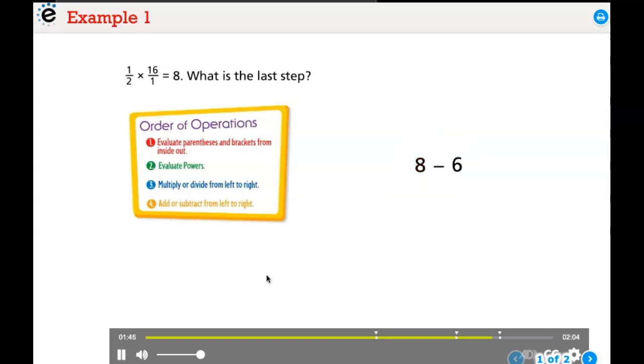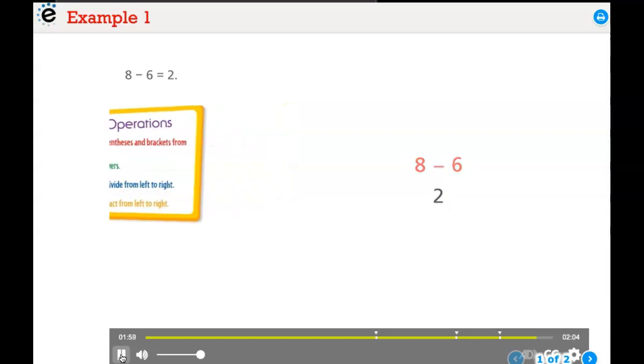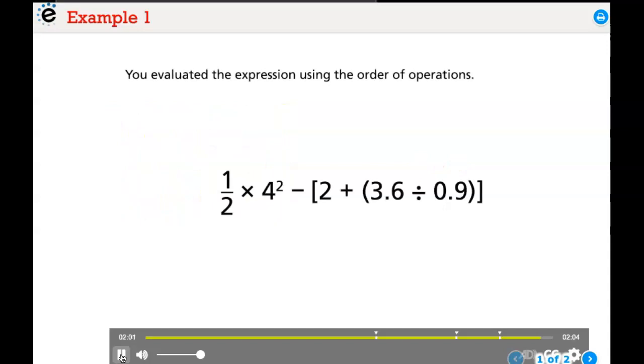What is the last step? So we know that the last step here is add or subtract from left to right. Since we subtract, we subtract 8 and 6. 8 minus 6 equals 2. You evaluated the expression using the order of operations.